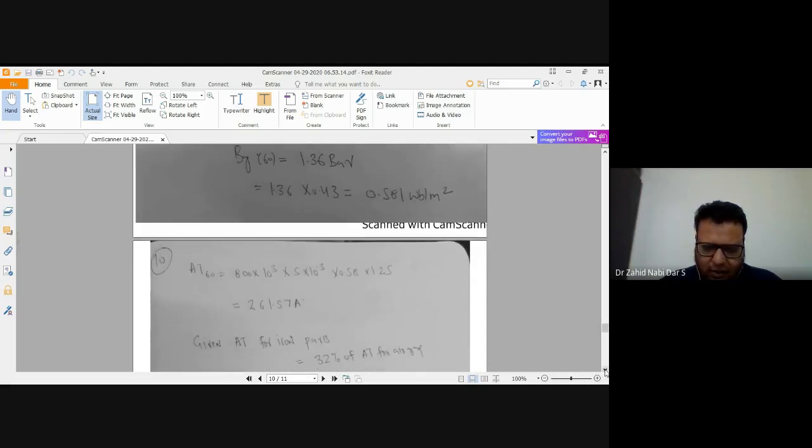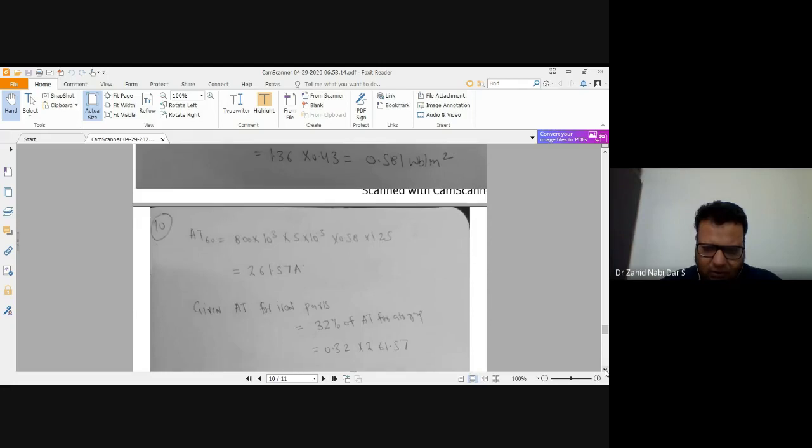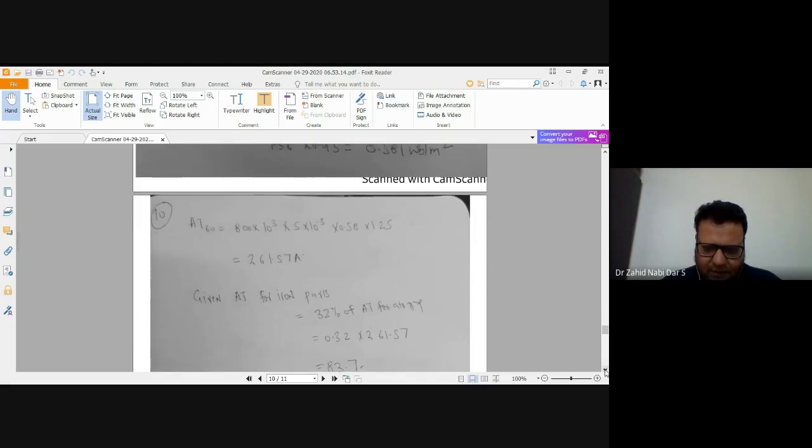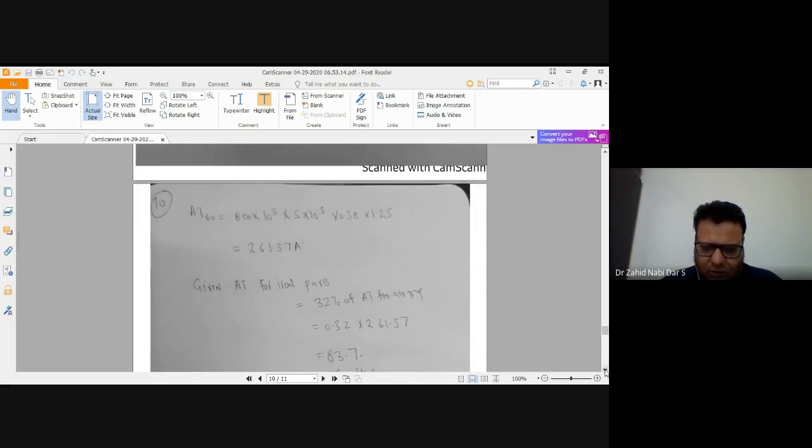Now in the problem it is mentioned, given ampere turn for iron part is 32% of the ampere turn for the air gap. So 32 divided by 100 is 0.32, and for the air gap it is 261.57, which you just now calculated. This 261.57 into 0.32 would be 83.7.